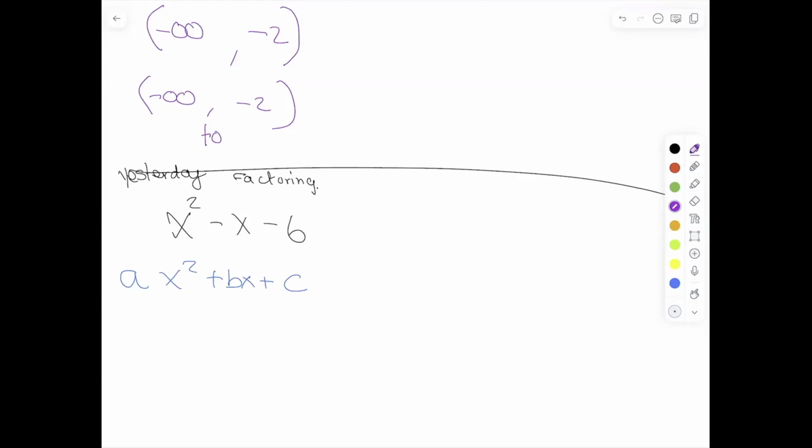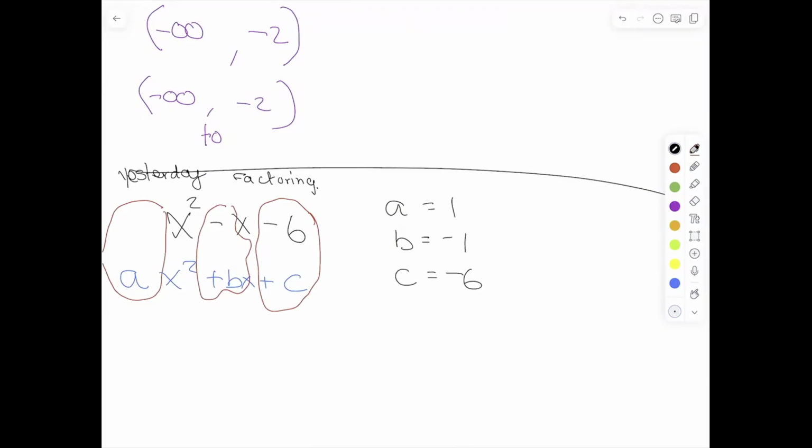What is the b value? -1. And what is the a value? 1. Good. So A is equal to 1, B is equal to -1, C is equal to -6. Do you guys agree? You better agree because that's the truth.